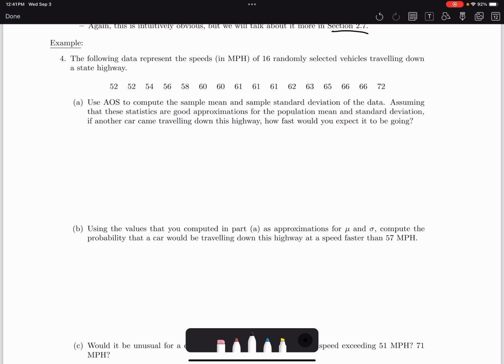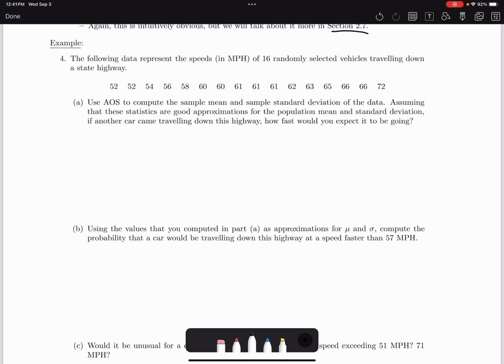Then it says, assuming that these statistics are a good approximation for the population mean and standard deviation, if another car came traveling down this highway, how fast would you expect it to be going? Well, the expected value is the same thing as the mean. So once I have the sample mean, I should be able to answer that second question.